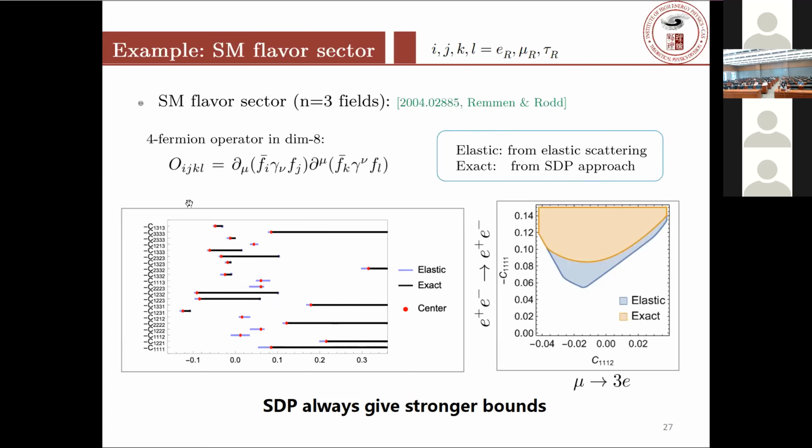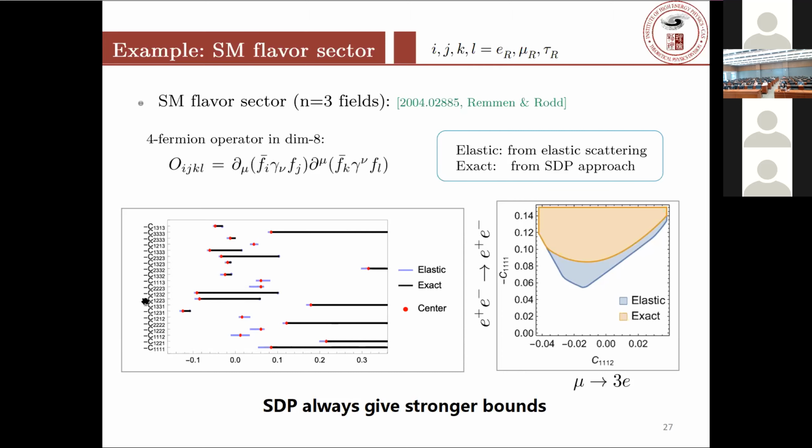And we can use these operators to calculate the amplitude, and we find there are about 21 independent Wilson coefficients. And if we vary one operator at a time while keeping the other operators fixed at the red point, and the red point is manually selected, then we can find the elastic bounds and the exact bounds individually. We can see in this figure that our exact bounds are always stronger than the elastic bounds.